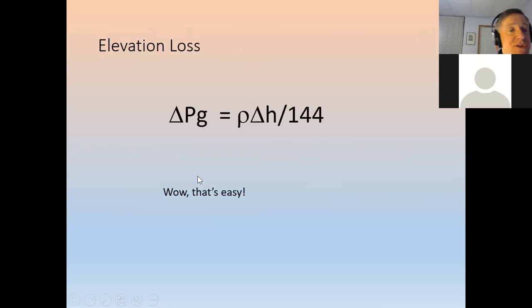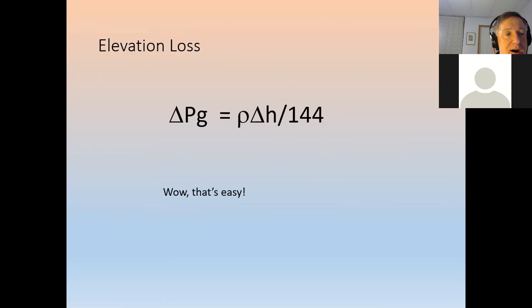And this is elevation loss. Again, just showing you some math that relates to some of the things we've talked about. So if I lift water up 10 feet, here's 10 feet, delta H, times the density of the water divided by 144. This is all English units, and I get the pressure drop. It's a really easy calculation, which we're not going to do here, but you can throw it in your spreadsheet.